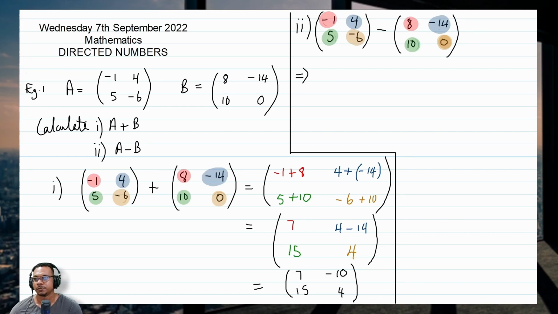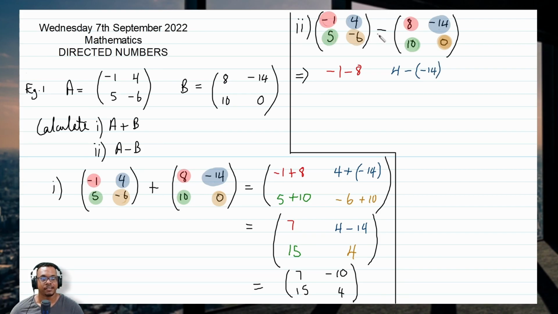So we're going to have negative 1 take away 8, because the negative 1 here take away this 8 here. Then we're going to have 4 take away negative 14. Write that, 4 take away, and the brackets around negative 14 to separate the two signs.